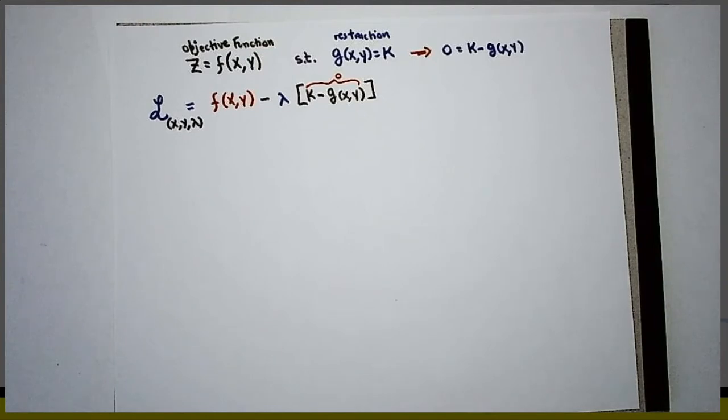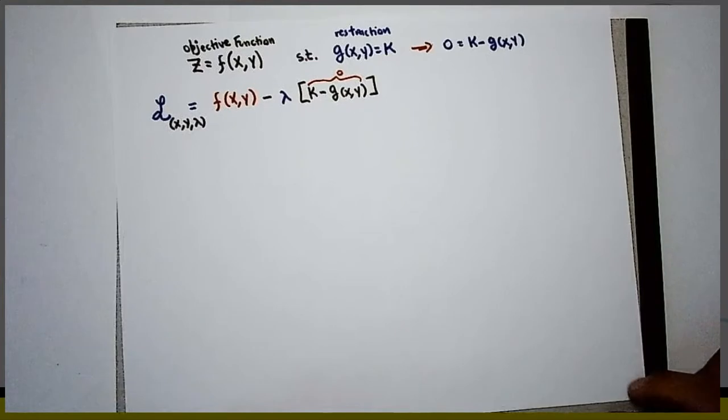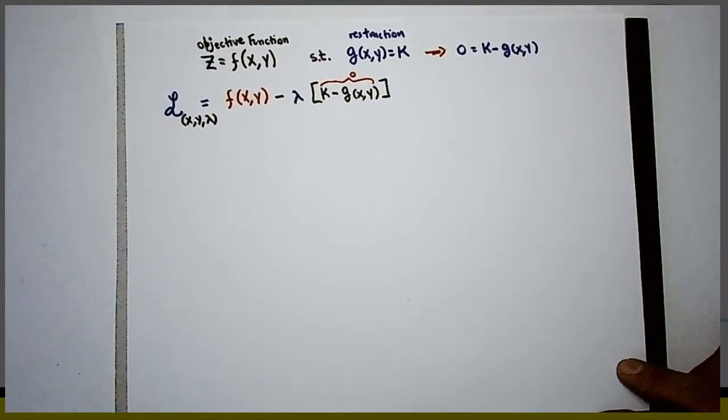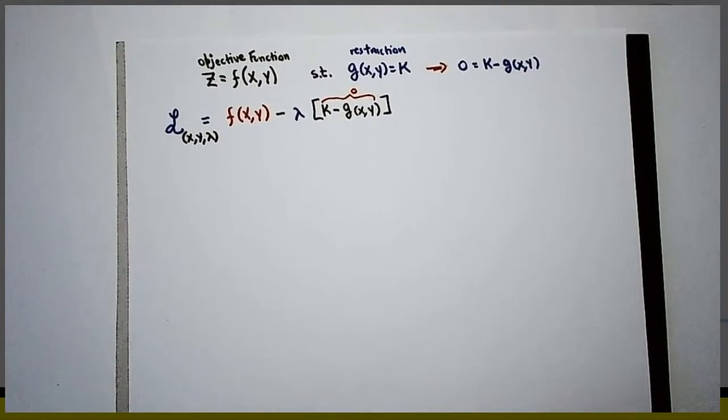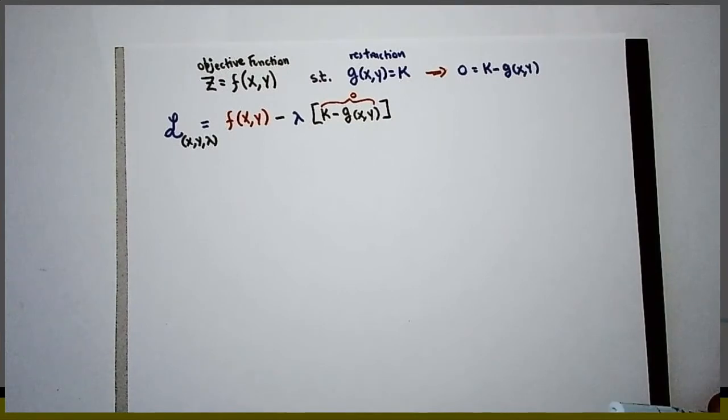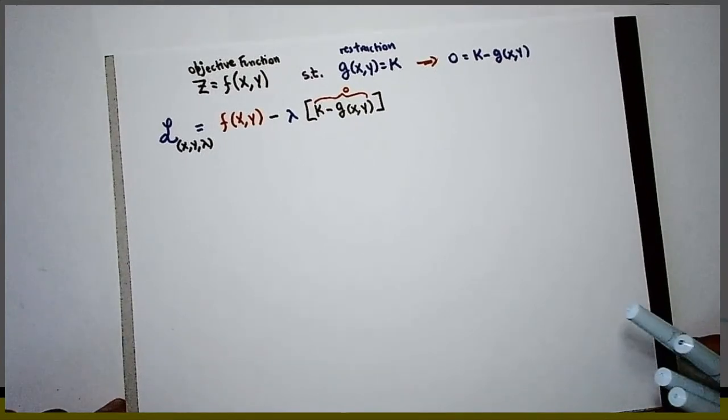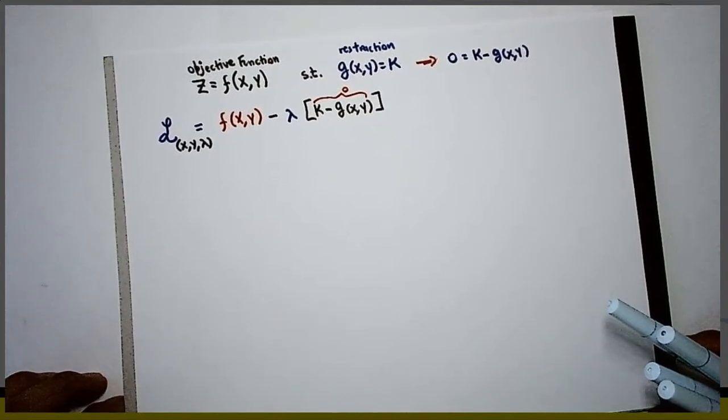However, there is something interesting in the Lagrange function. Even though the lambda is an important multiplier, normally we will not find the value because normally we will be able to simplify it.